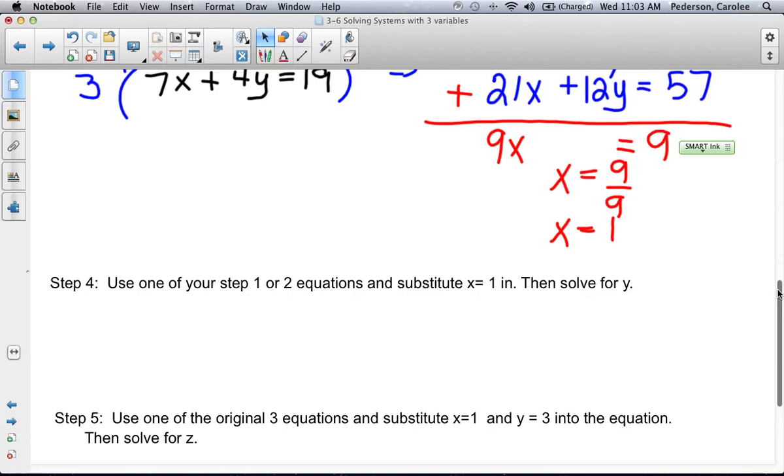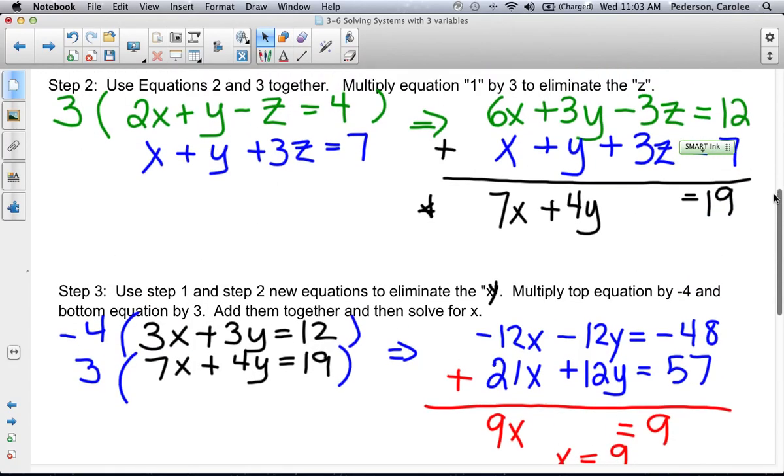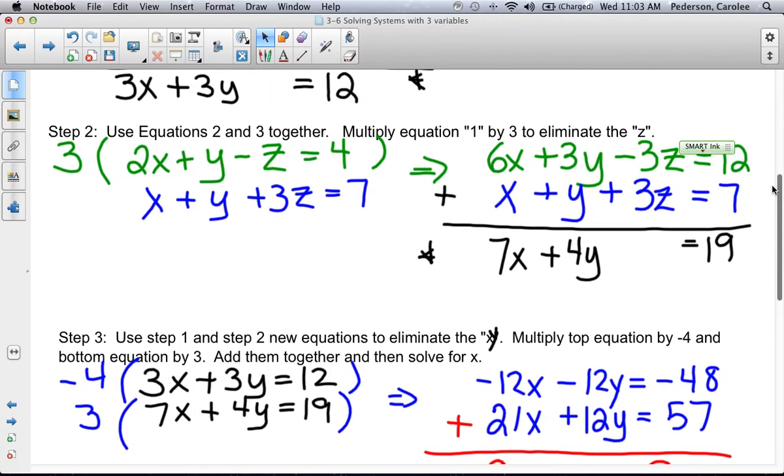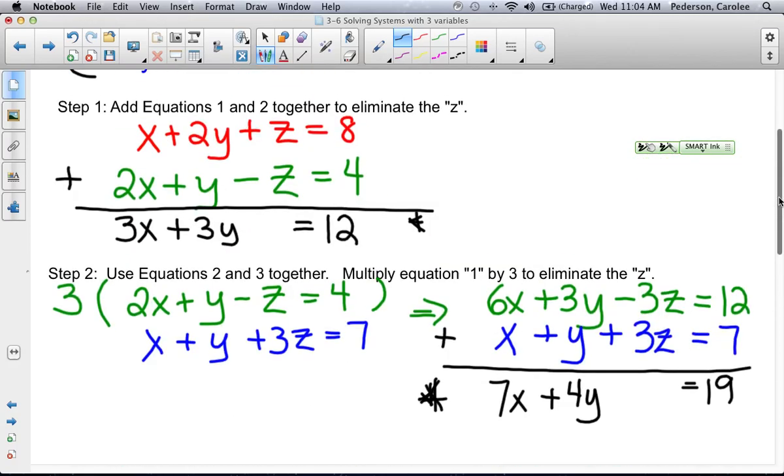Step 4 is to use one of your step 1 or 2 equations, those black equations that we found, substitute x in, and then solve for y. So either 7x plus 4y equals 19, or 3x plus 3y equals 12. I'm just going to choose this one.